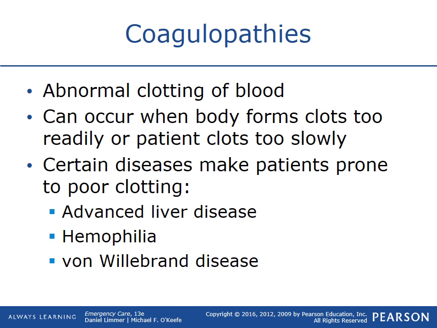But coagulopathies can occur when the body forms clots too readily or the patient clots too slowly, and then they have a coagulopathy. Certain diseases make patients prone to poor clotting, like advanced liver disease or hemophilia or something called von Willebrand disease.